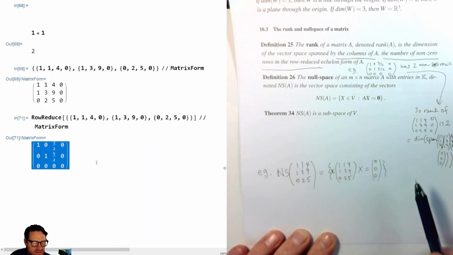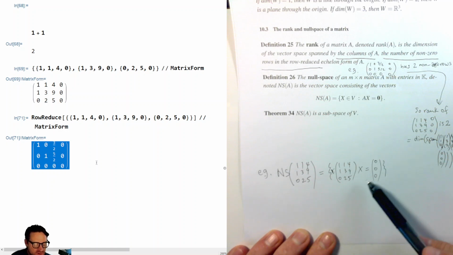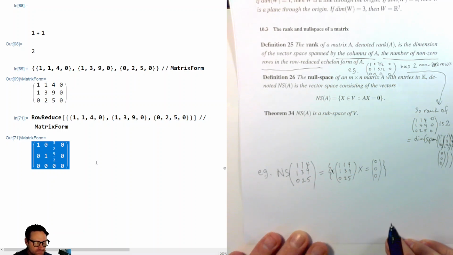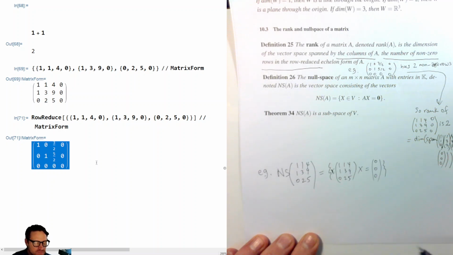We can see from the row-reduced echelon form of this matrix how we should parameterize the set of vectors in this null space. The null space is a subspace of V.